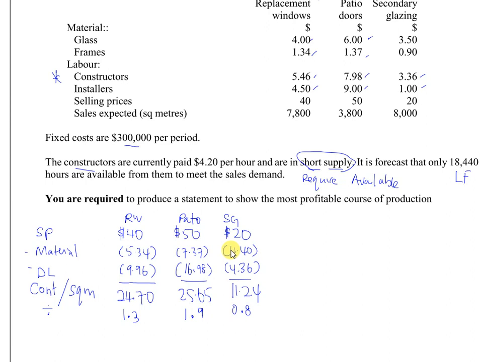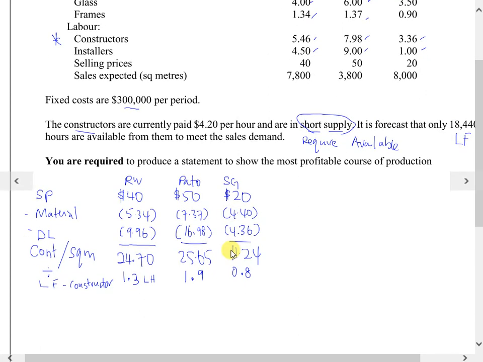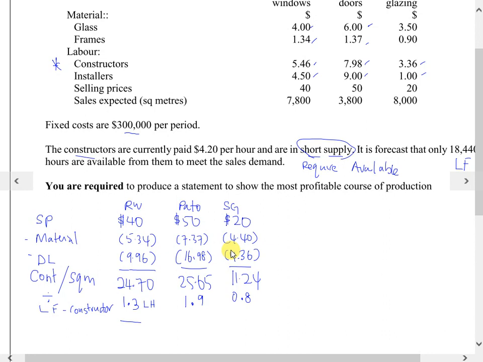This is divided by labor hour. One unit needs how many constructor labor hours? That is our limiting factor. Can you get this?